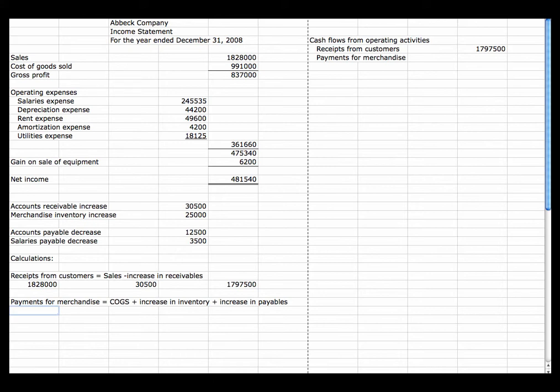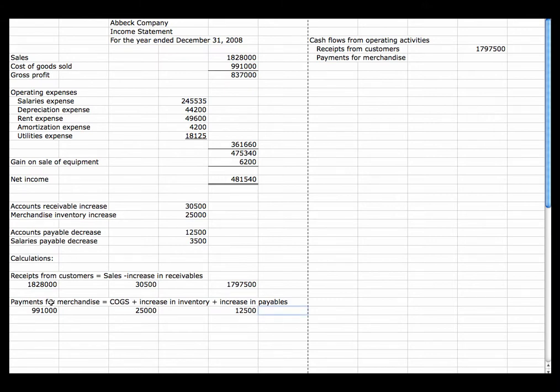So let's do that. Let's put in the cost of goods sold. The cost of goods sold in this particular problem was $991,000. And we know that our increase in inventory is going to be 25,000 because that's what they gave us. And then we also know that our decrease in payable is 12,500.